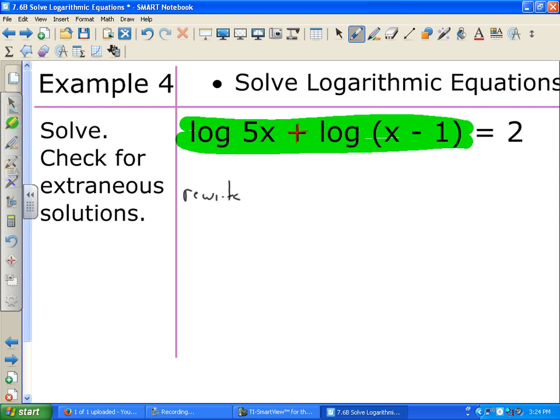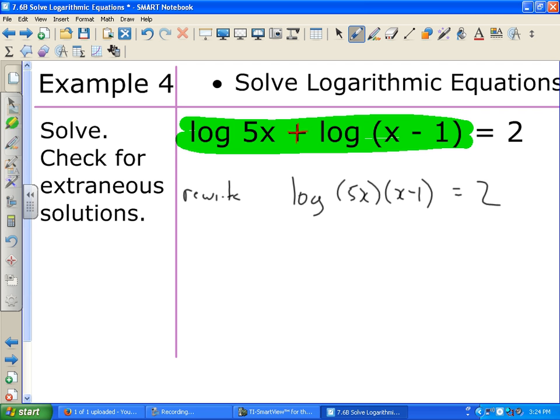And my rewrite will say this: log of 5x times x minus 1 equals 2. Remember, when I condense it down, I go from the 2 logs to 1 separate log. And the reason I have to do this is because I now need to introduce the base to both sides of this equation.